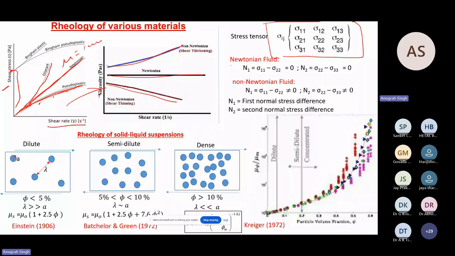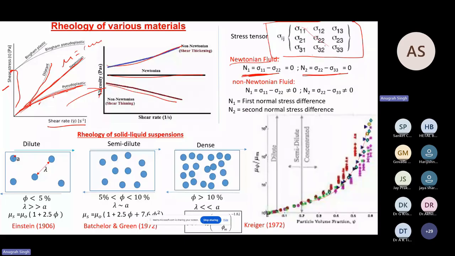In a Newtonian fluid, the diagonal parts will all be equal, which means the difference of 1 minus 2 will be 0, and 2 minus 3 will be 0. N1 is the difference between sigma 11 and sigma 22, the first normal stress difference. N2 is sigma 22 minus sigma 33.